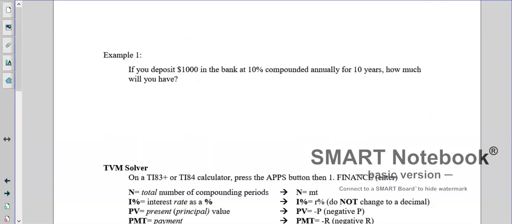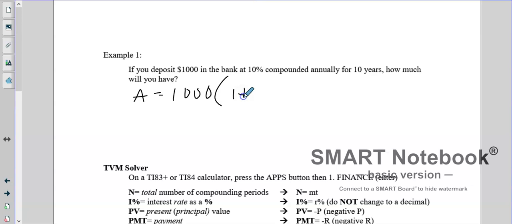All right, so here we go. We're going to get to the calculator in a minute. We're just going to do it with the new formula. All right, so how much money will you have? That is future amount. Okay, so our invested amount is $1,000. 10%. Okay, I wish this problem would use 5%, so we could have really compared it to the previous problem, but we'll keep it with the 10%.